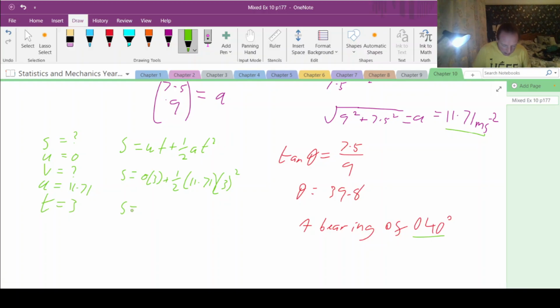The distance traveled in the first 3 seconds is 11.71 multiplied by 0.5 multiplied by 9, which gives us 52.695, so about 52.70 meters. Okay, that's all.